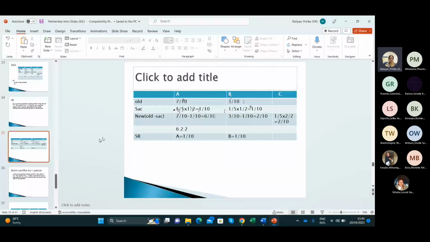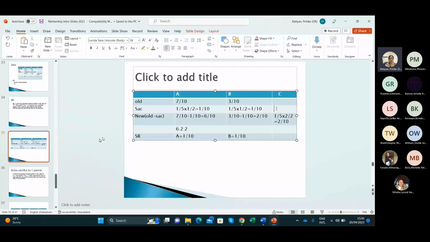For the new ratio, you calculate the old ratio minus the sacrifice. 7/10 minus 1/10, and 3/10 minus 1/10, gives 6/10 and 2/10, and C's proportion was 1/5.